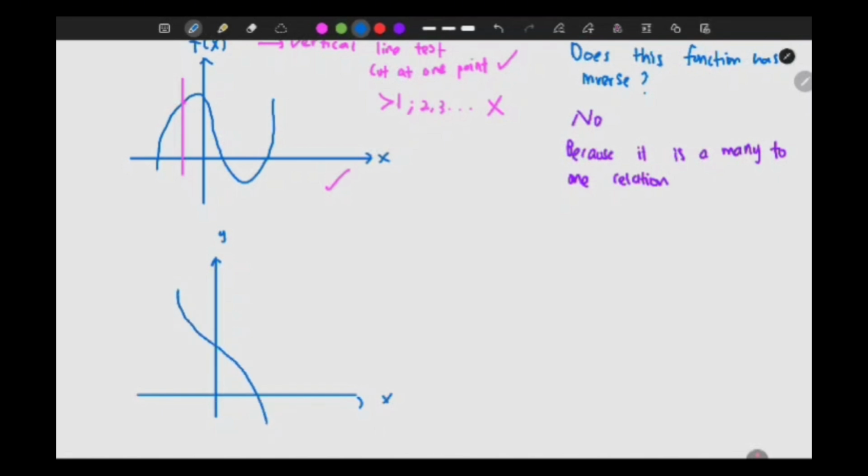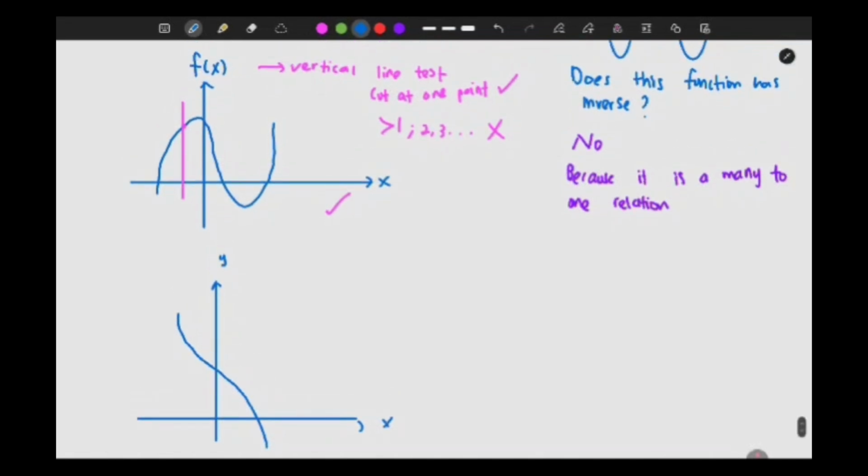So to find whether there's an inverse function or not, do the horizontal line test. Horizontal, I mean this line, horizontal line. Vertical means straight line. So choose any particular point that you want, maybe this point, and you draw a horizontal line.